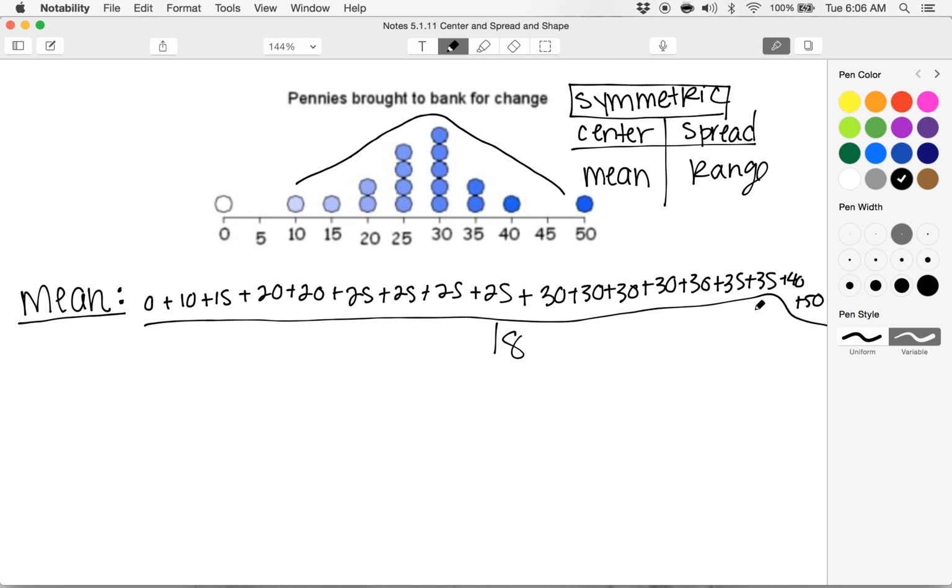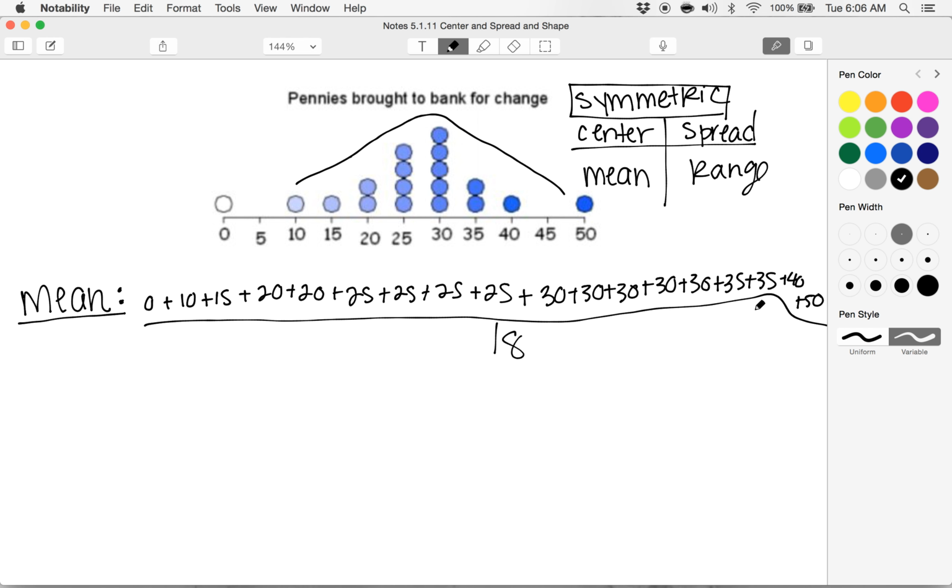So this is 0 plus 10 plus 15 plus 20 plus 20 plus 25 plus 25 plus 25 plus 25 plus 30 plus 30 plus 30 plus 30 plus one more 30.